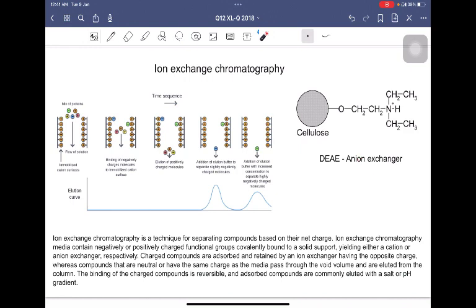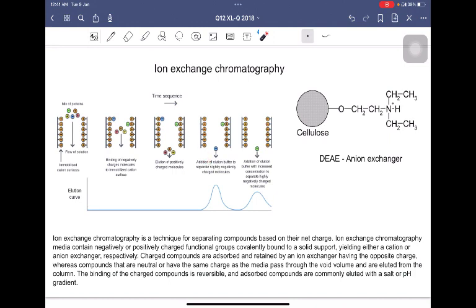It means that the matrix is positively charged and it can exchange anions. Like this one, this matrix is positively charged, and therefore the negatively charged proteins will bind to this matrix. And the positively charged proteins will not bind to the matrix. So they will come out in the flow through, right?